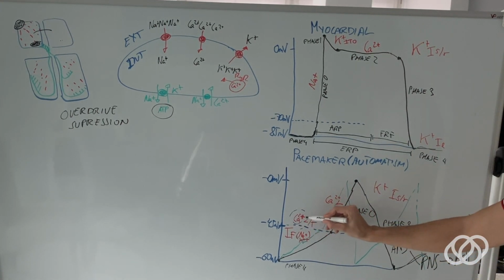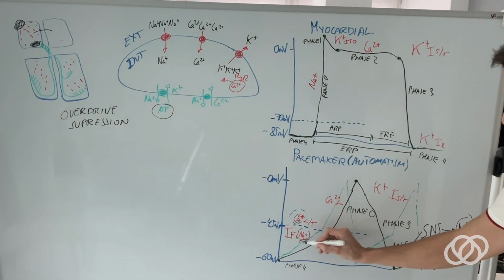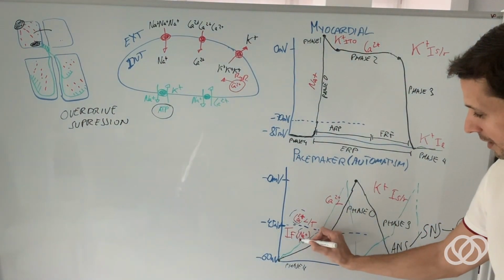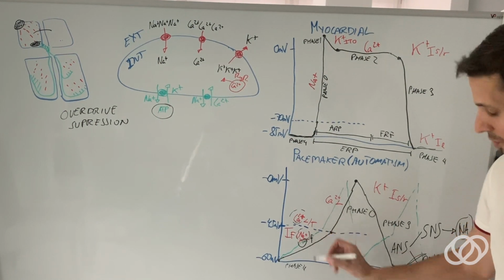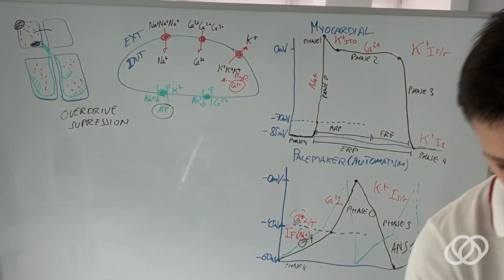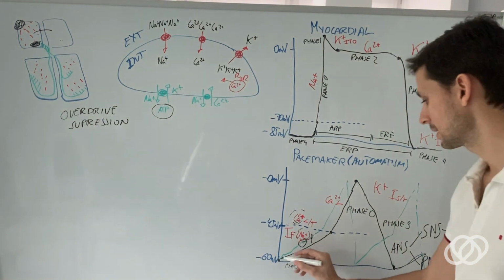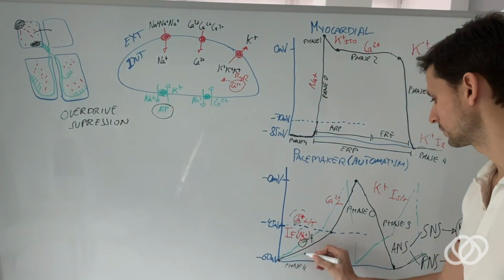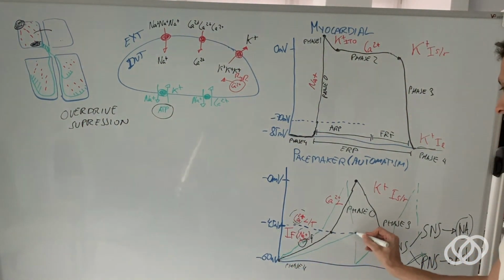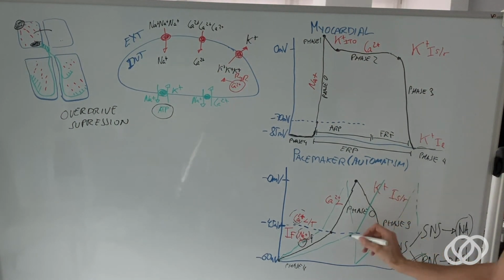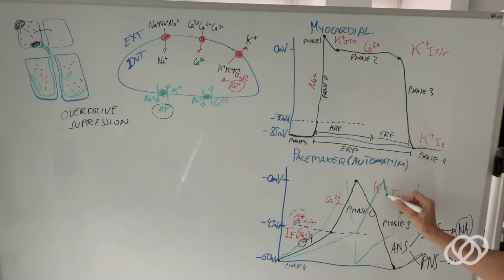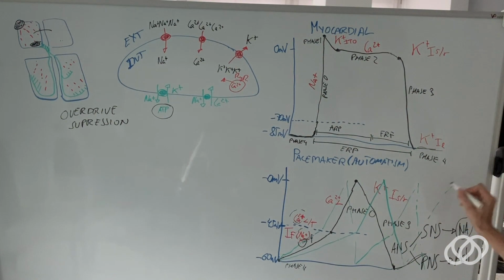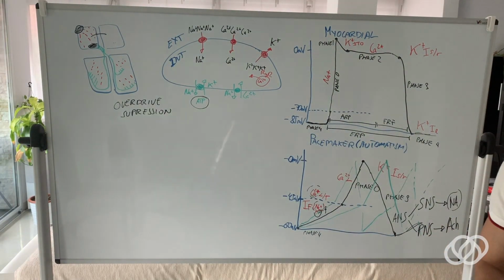It's going to close these calcium and sodium channels and will bring the potassium channels up. It will decrease the slope. If we decrease the slope, we are going to reach the threshold later, and we are going to have a slower heart rate.